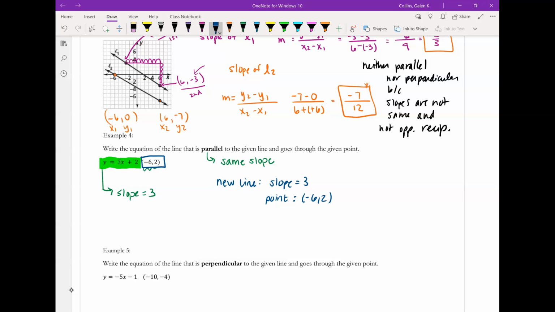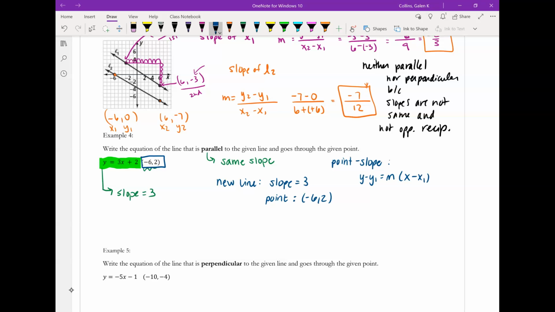So remember earlier I said that point slope form of an equation is going to be handy, and this is an example of when we could use that. So y minus y1 equals m times the quantity x minus x1.